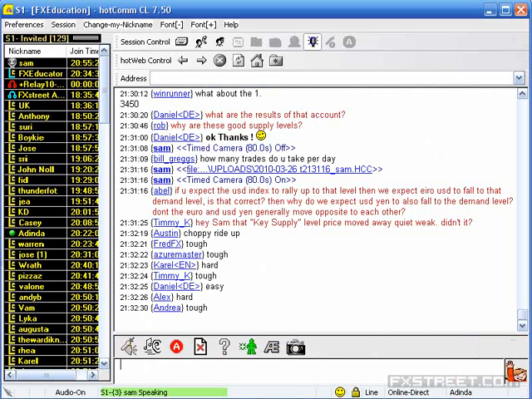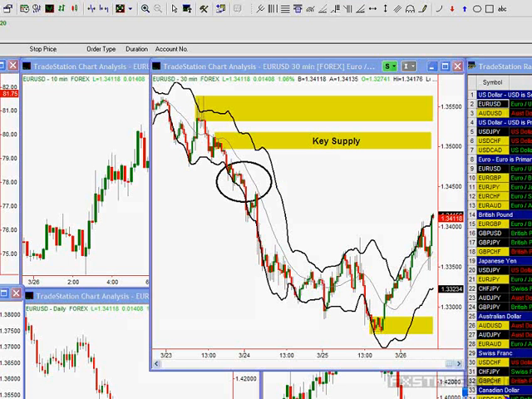There's some sellers in that circled area. Therefore, you're going to use up quite a bit of buying. It's going to take more demand to get through that circled area than if those little levels were not in that circled area. Therefore, what makes that yellow key supply level a level that I'd be interested in is that because of what's in the circled area below, you're going to reach that key supply area with fewer buyers on board.